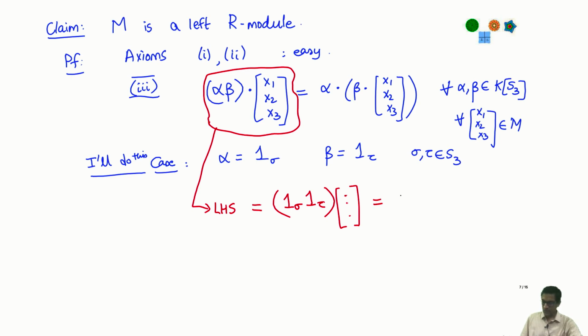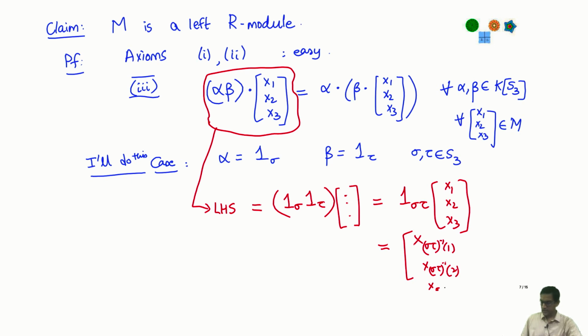But 1 sigma 1 tau by definition is 1 sigma tau acting on this vector x1 x2 x3. And that by our definition, you have to change the x's like this: x sigma tau inverse of 1, x sigma tau inverse of 2, and the last is x.